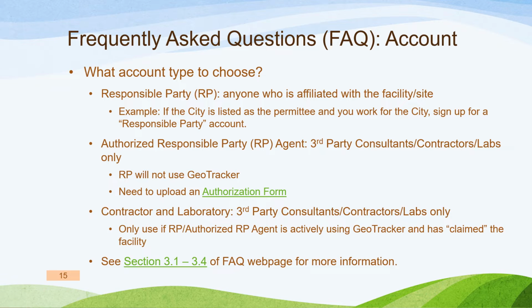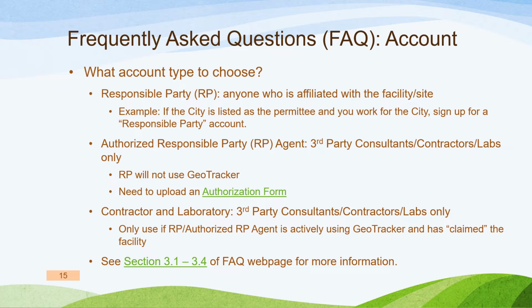If this particular party is a third-party group, they should be looking at the other 3 account types, starting off with authorized RP agent. They should represent third-party consultants where their client, or the RP, does not plan to use the GeoTracker system to manage the uploads for their particular facility.